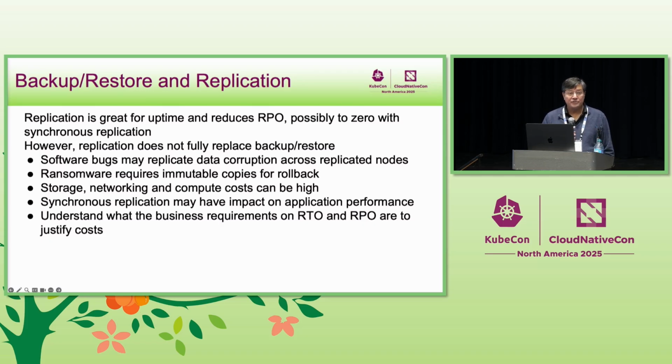Same is true for ransomware. There you really want to have immutable copies because once your data is corrupted or encrypted and it's encrypted that way everywhere, you're in trouble. There, of course, are the trade-offs of costs. And so you really have to understand what your business requirements are to justify your costs and pick or include both strategies.